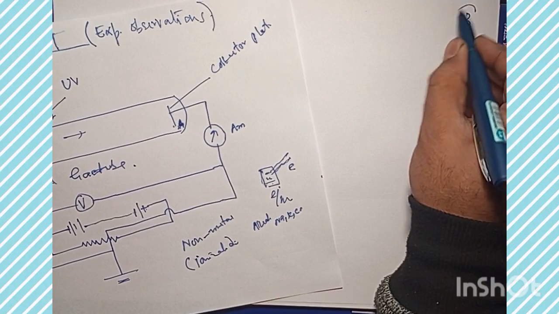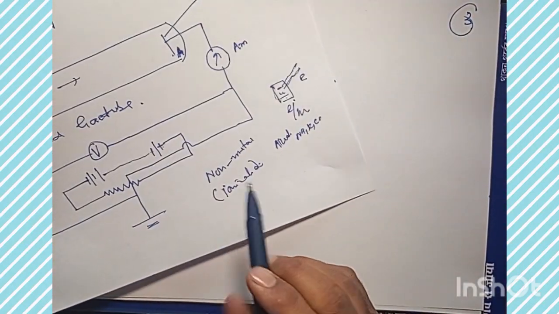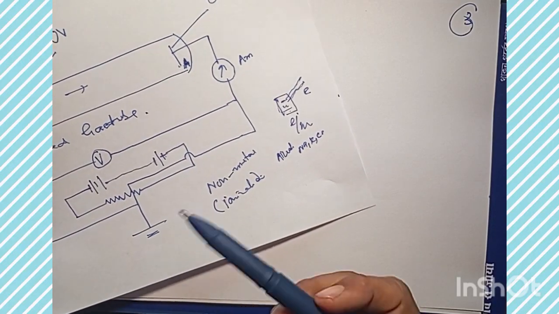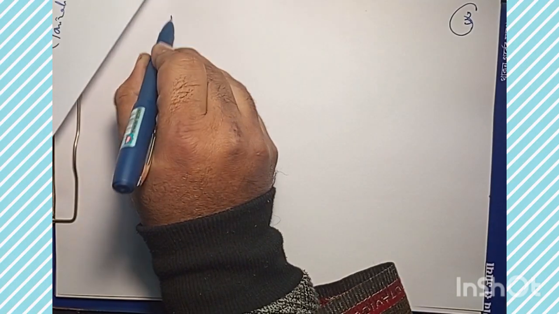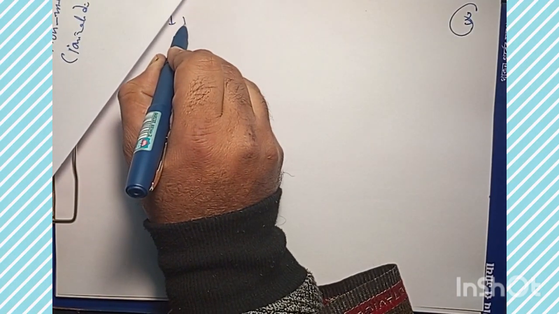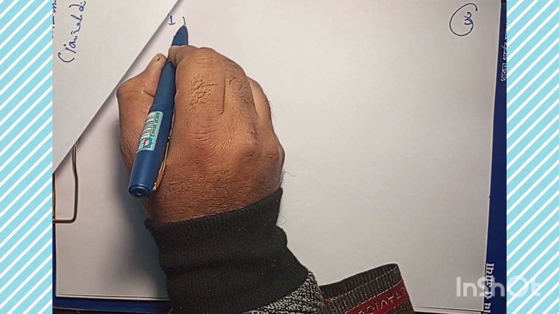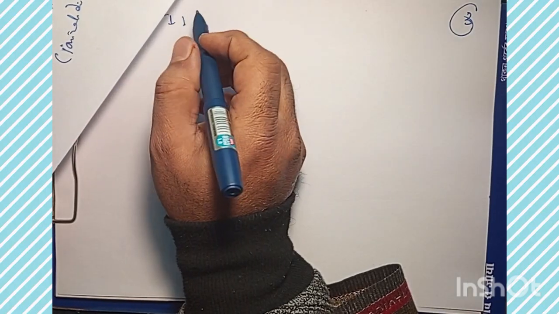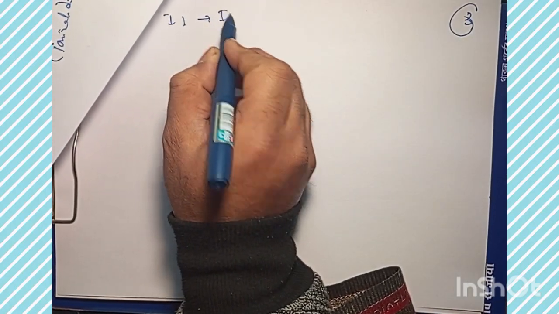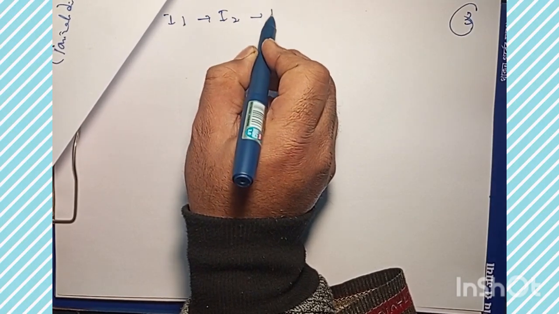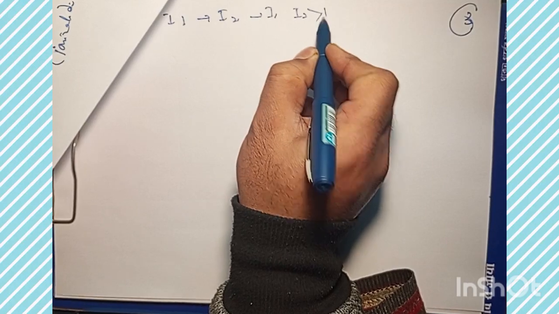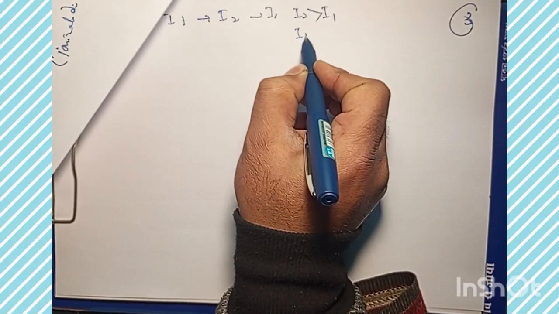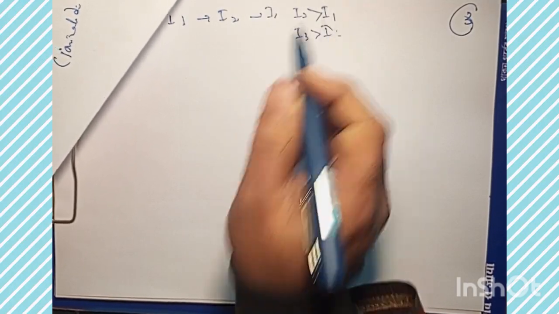So we do the same experiment, and let us assume that we have intensity I1 of the light, and we now increase the intensity from I1 to I2 and then I3, such that I2 is greater than I1 and I3 is greater than I2.